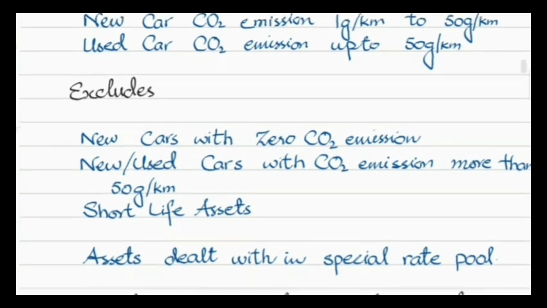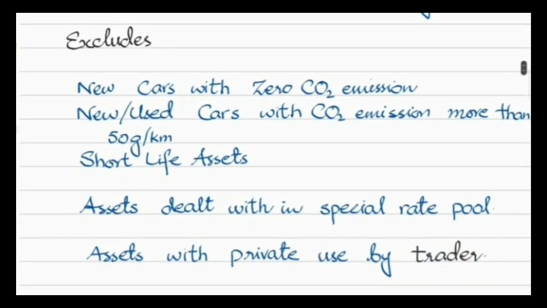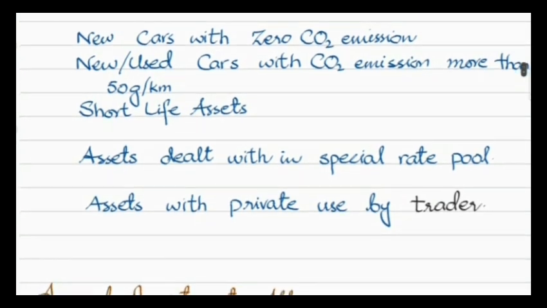It excludes new cars with zero CO2 emission or new and used cars with CO2 emission more than 50 gram per kilometer, short life assets, assets dealt with in special rate pool and assets with private use by the trader.